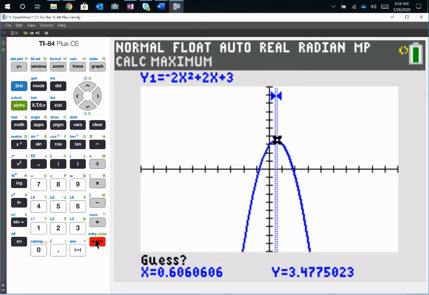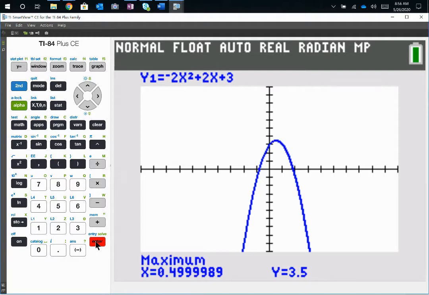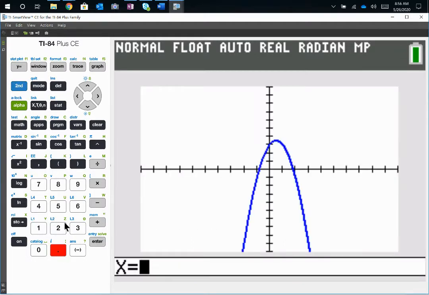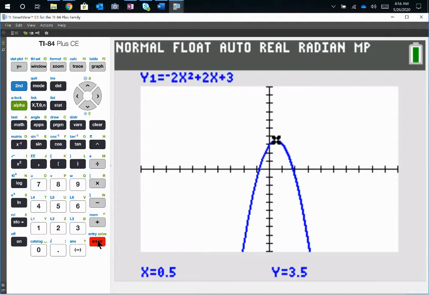And then have the calculator guess the answer for you. And it will take you as close as it can, 0.4999, which is approximately 0.5 and 3.5. So we've calculated the vertex to be correct at 0.5, yes? And 3.5.